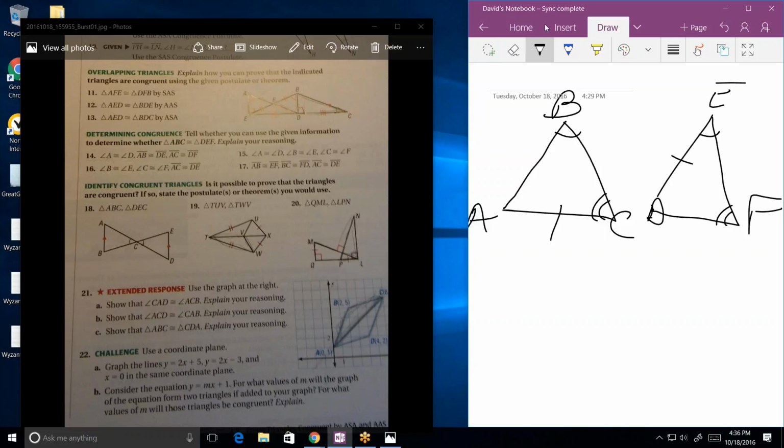I suppose I cannot draw that any different. Hold on, let me go back to my original. If this was 4 and that was 4, and this was 2 and that was 3, and this was, let's see, if that's 4, 6, 8.